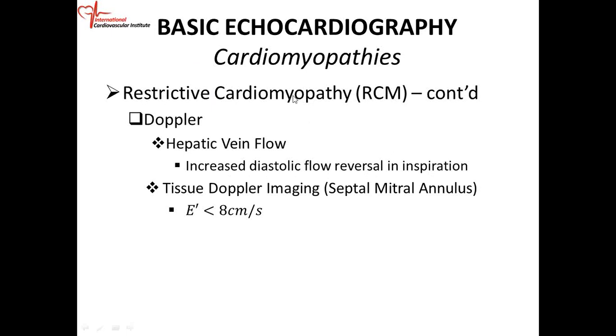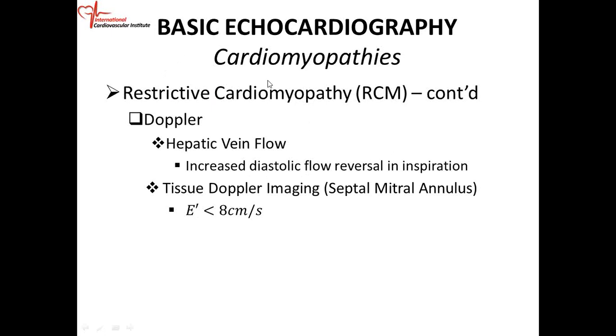So in your restrictive cardiomyopathy, the E prime is going to be very reduced, telling you that it's a muscle disease you're dealing with. So your E prime velocity is usually less than 7 centimeters per second. And the thing that they're going to bring in your exam is the increased atrial flow diastolic velocity, increasing your atrial flow velocity with inspiration.